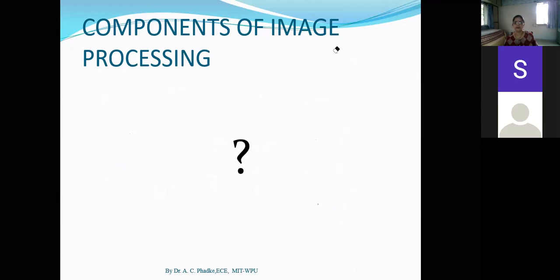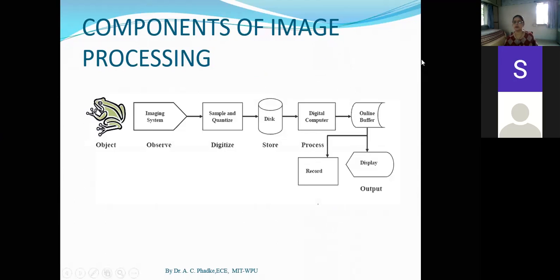Okay, so let us go to the block schematic of various components in an image processing system. As you can observe on this slide, this frog is nothing but an object for which we want to capture the image.